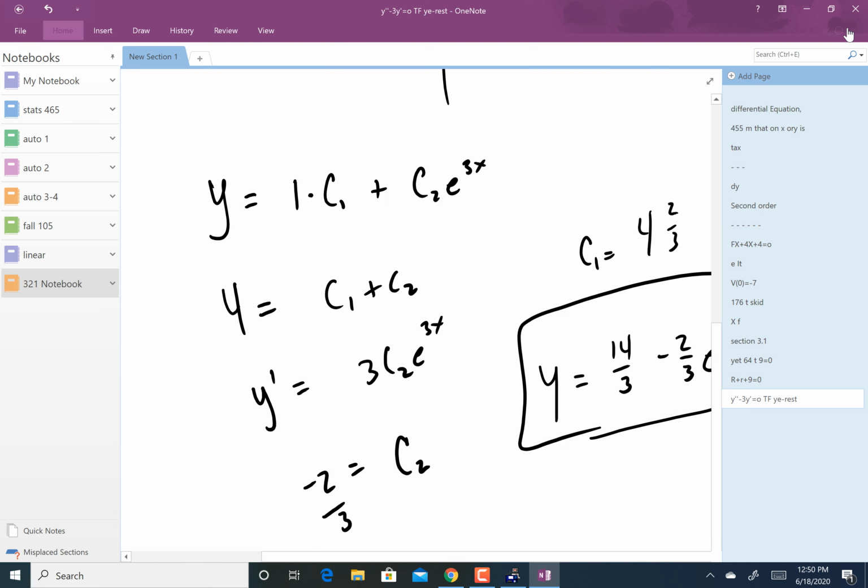Okay. Here's another example. They want to know, are these solutions independent, yes or no? So I'm doing 2 of these kind of problems. The last one I gave you a setup so you knew it was a second order or not. This one you don't know if it's second order, but you kind of do. This is one of my proposed solutions.